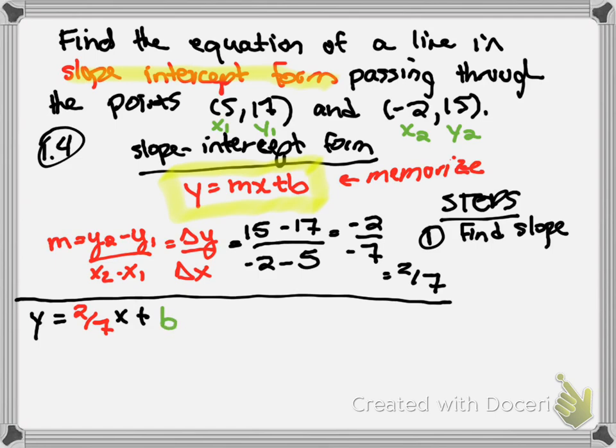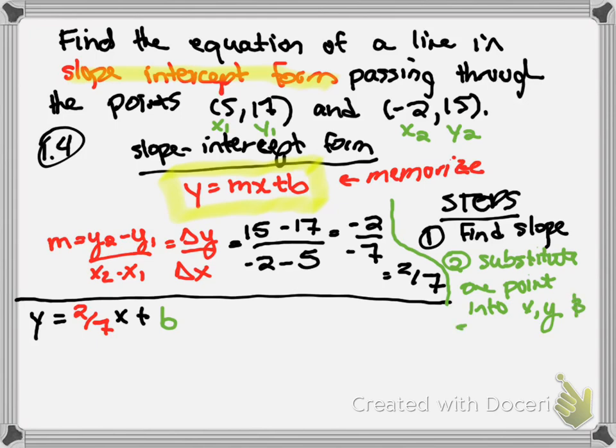So our second step, and I apologize that everything's kind of squished together here, is to substitute one of the 2 points, it doesn't matter, into x and y, and therefore we can solve for b.